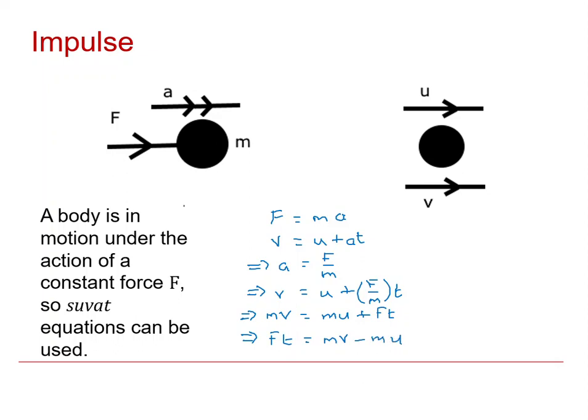Now there, in very simple terms, we have the impulse momentum principle, which says that the change in momentum, the final momentum minus the initial momentum, is equal to what we call the impulse. And we can see from this that impulse is defined for a constant force as the force times the time it acts.